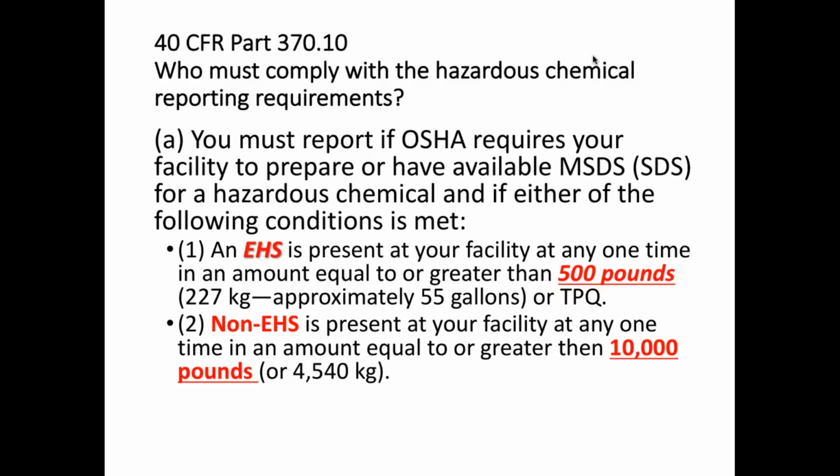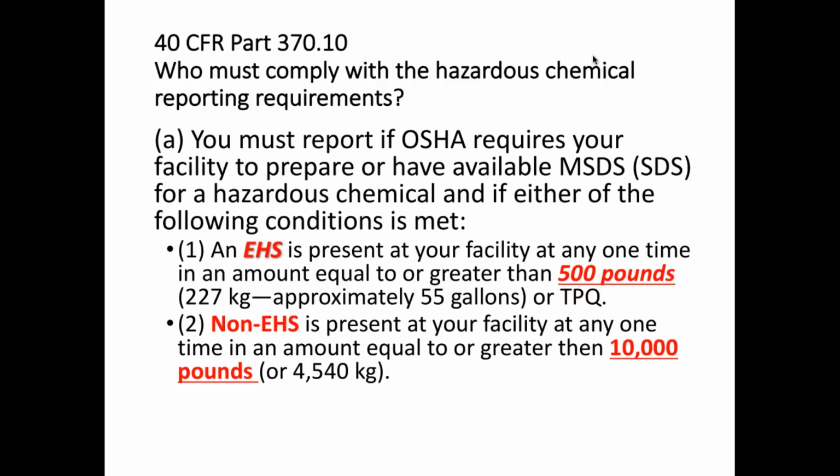If it is a non-EHS chemical, that's the other chemicals that OSHA requires you to have an SDS on site for, that threshold is 10,000 pounds. You can measure solids, liquids, or gases in pounds.